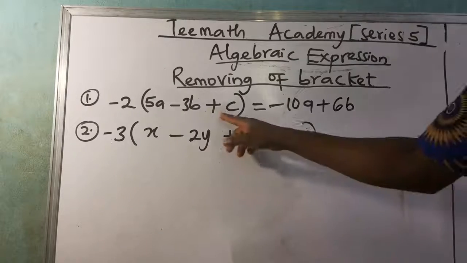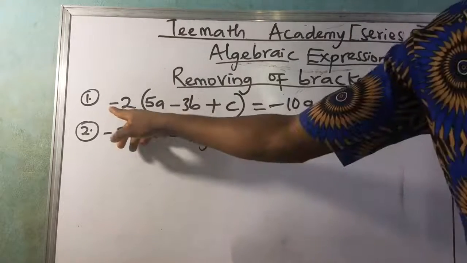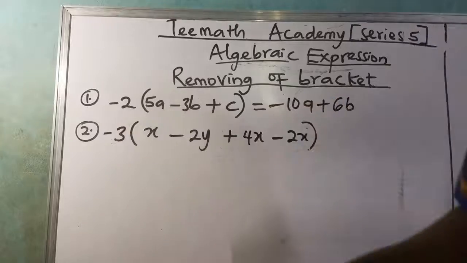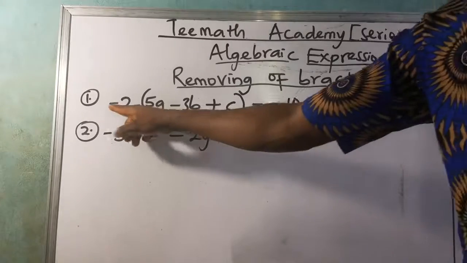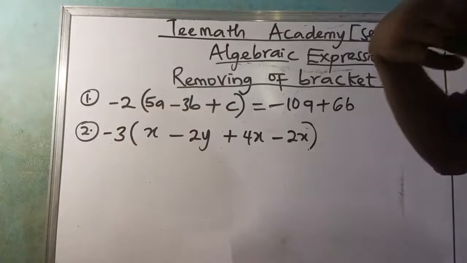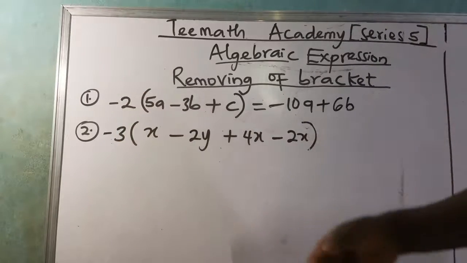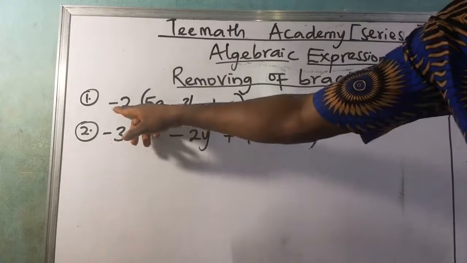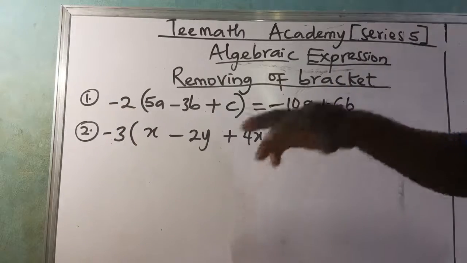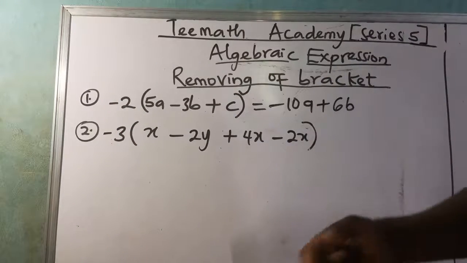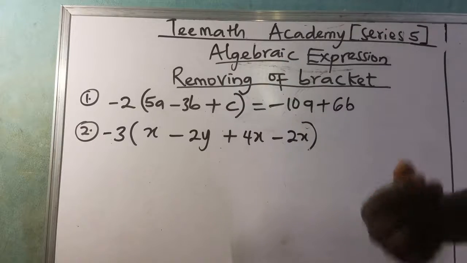Then also don't write plus, you wait, this is minus 2. The first is not 2. There are some students that will not see this minus. I don't know why they abandon the minus. Some of them leave this minus sign here and just ignore it, as if it's not important. It is very important.